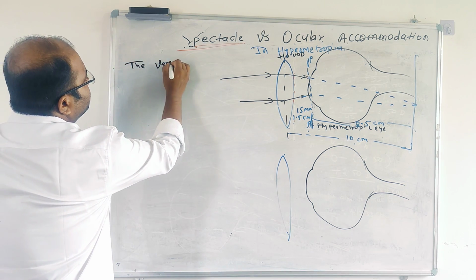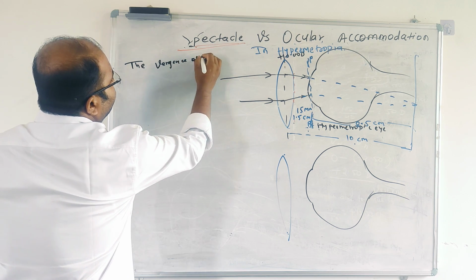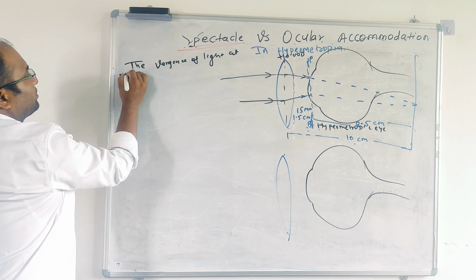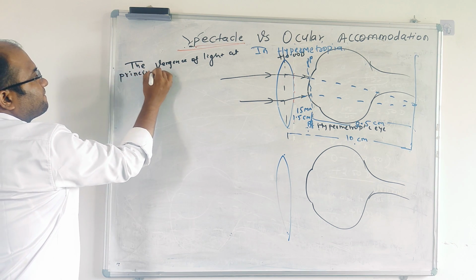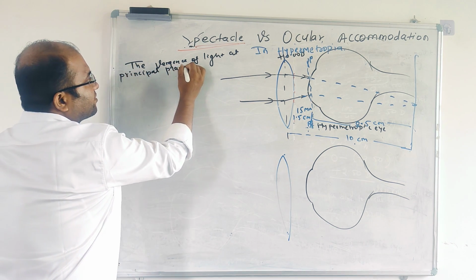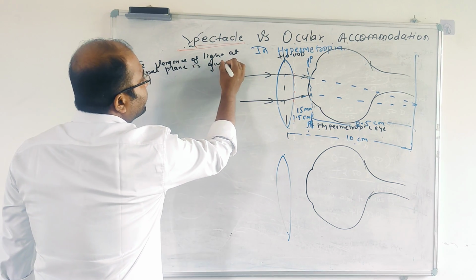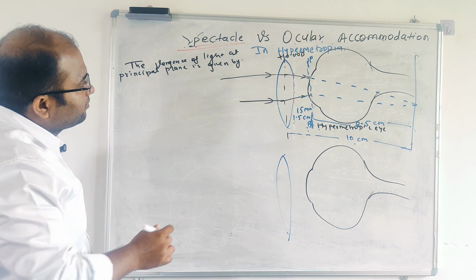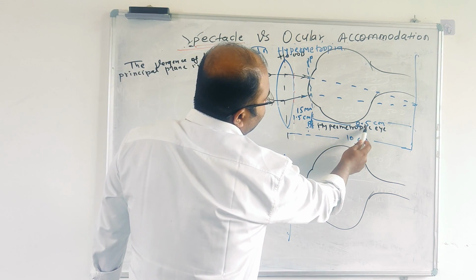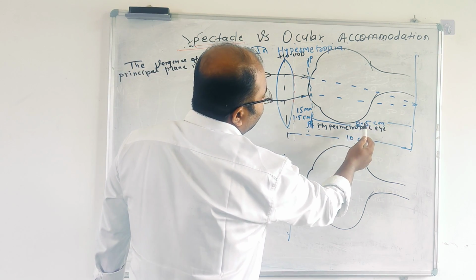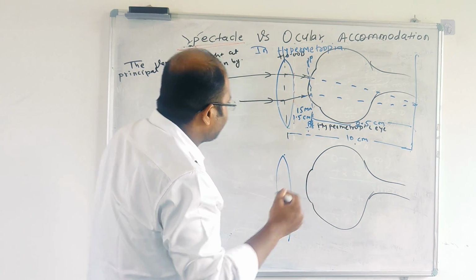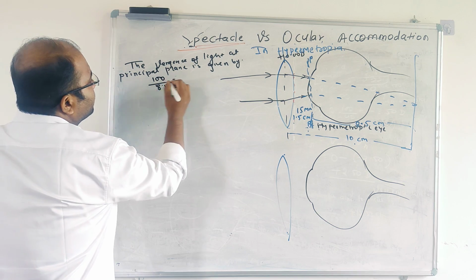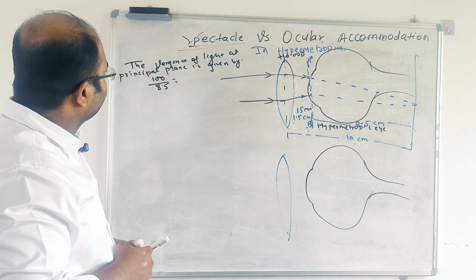So let's calculate the vergence of light at the principal plane. It is given by, in centimeter, 8.5 centimeter, so the reciprocal is directly 100 by 8.5. It is approximately how much?